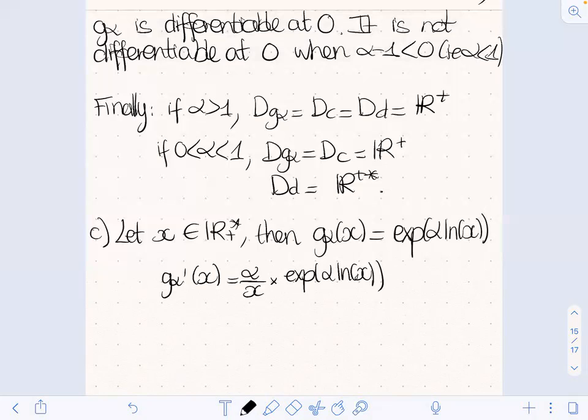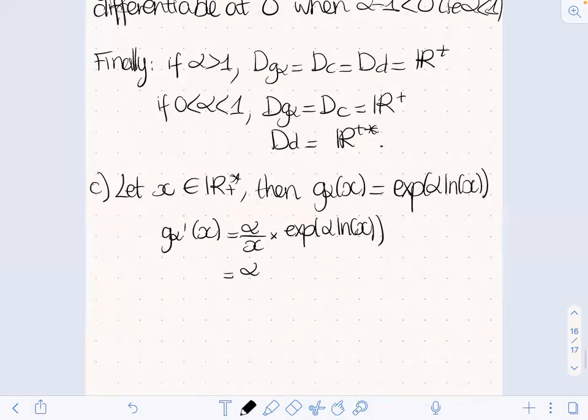And if we look at what it rewrites as, you've got a constant alpha divided by x times x to the power alpha. And so we get alpha x to the power alpha minus 1. This probably reminds you of derivatives of, for example, polynomials. You know that if you derive x to the power 4, you'll get 4x cubed.